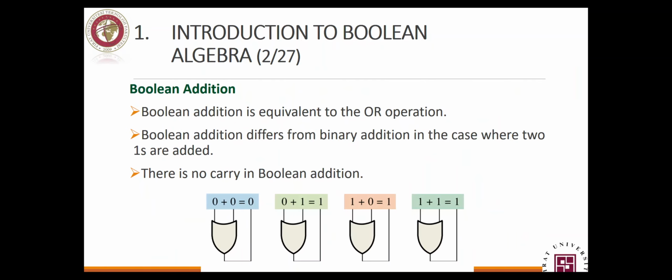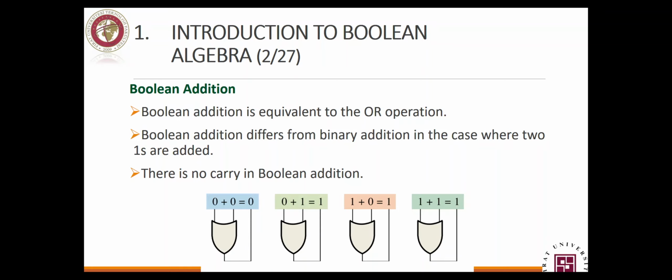Alright, so what kind of operations do we have in Boolean algebra? Again, as I said, we don't have normal arithmetic operations. Rather, we apply our operations here on true or false, or 0 or 1 digital data, and in that case we refer to them as logical operations or logical expressions.